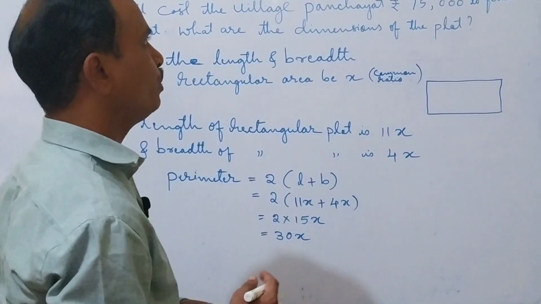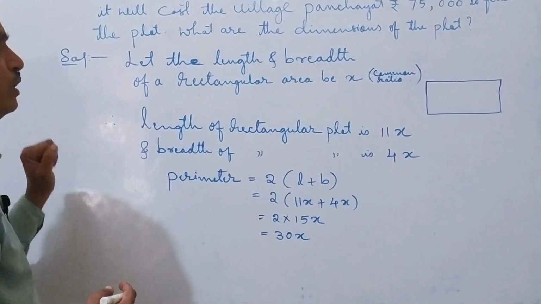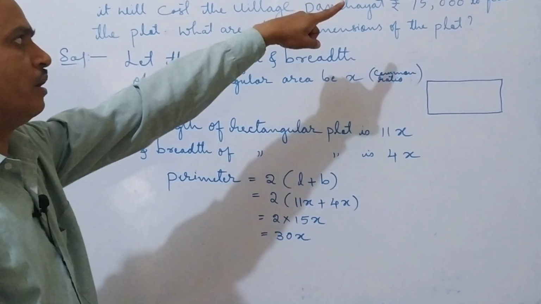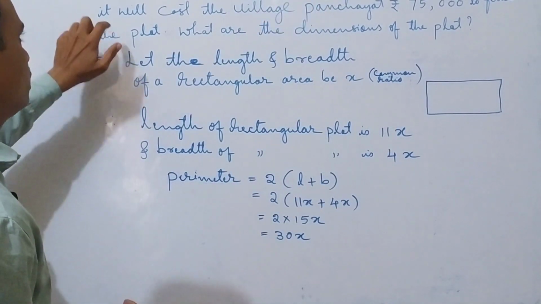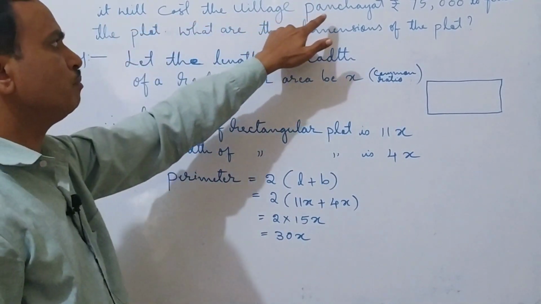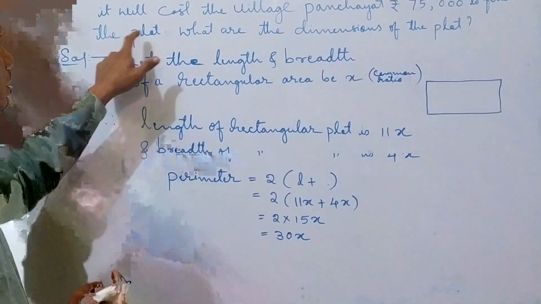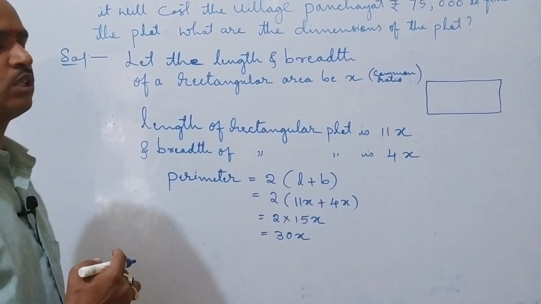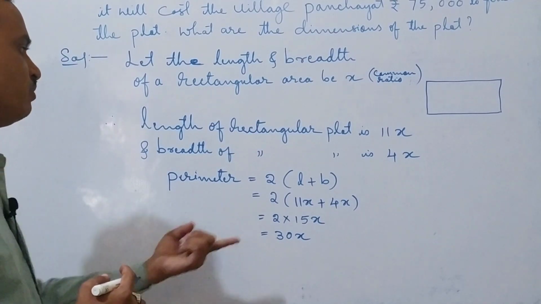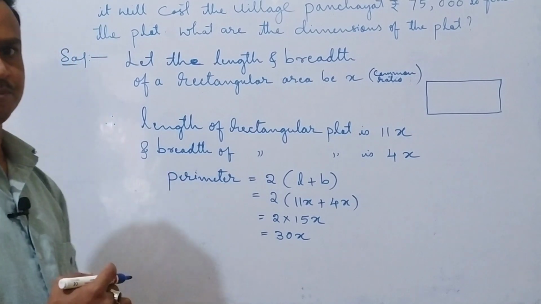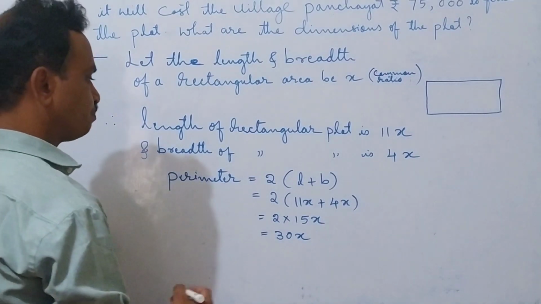Now what is given again? At the rate of rupees 100 per meter, it will cost the village panchayat rupees 75,000 to fence the plot. What are the dimensions of the plot? That means first we should find the value of x.